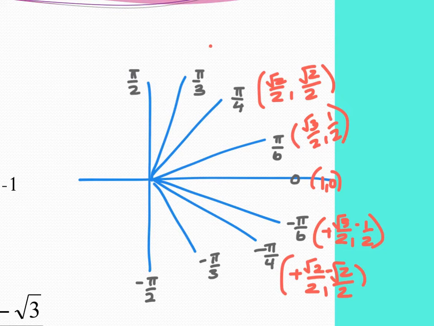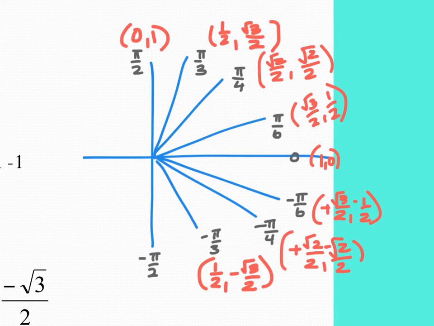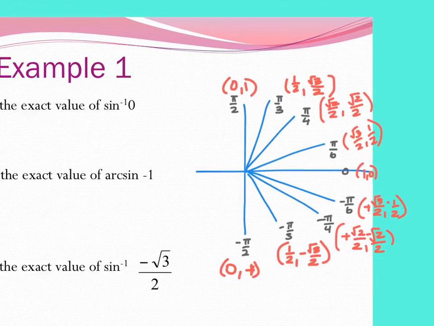This at the top is 1/2 and root 3 over 2. And at the bottom, it's 1/2 and negative root 3 over 2. This is 0, 1, and this is 0, negative 1. So almost all of that will be filled in on your unit circle when you get it. My advice is add on the negative angles. It'll make your life easier.